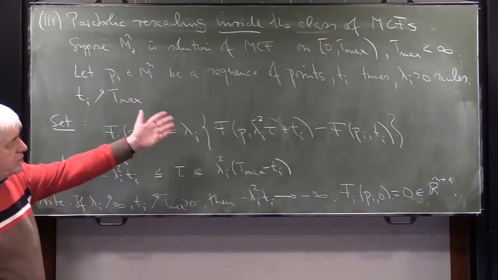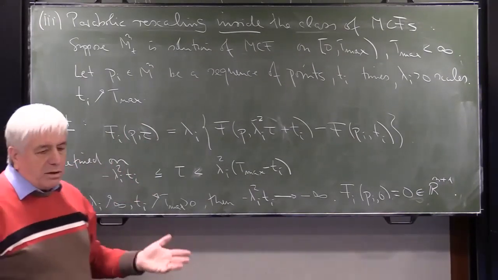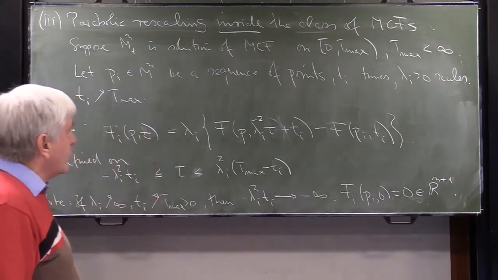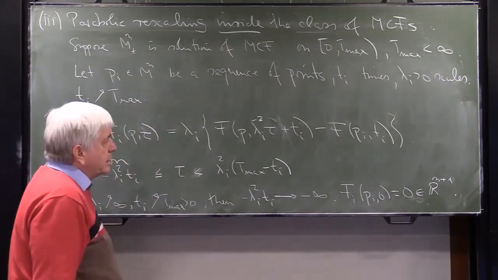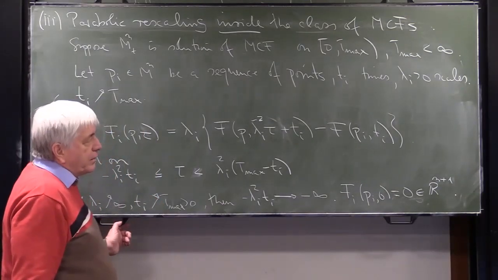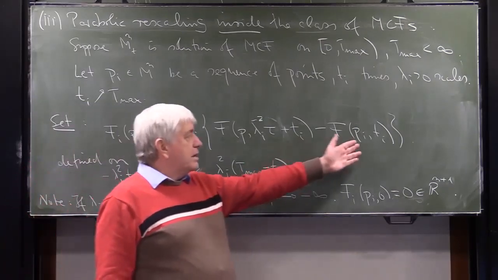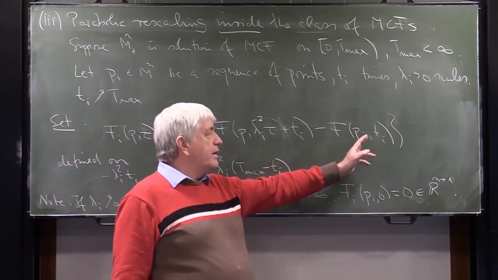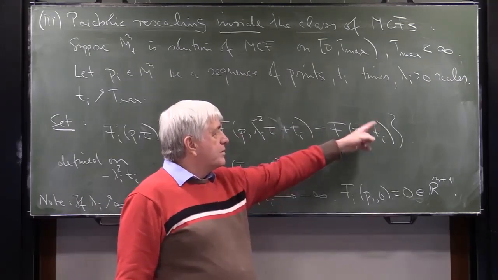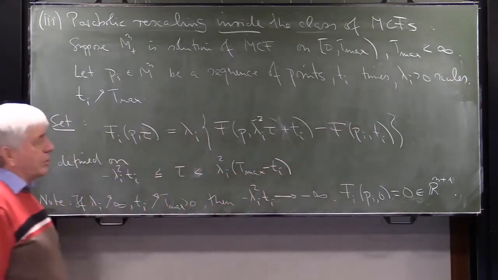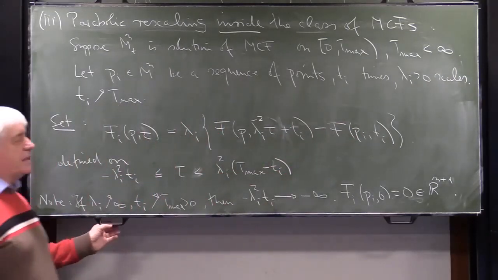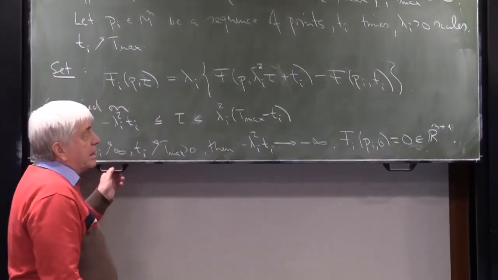And now we have to see what we do in our particular situation. In our particular situation, we just take any sequence of points. In fact, we can fix p_i because we know this converges to y_infinity. We could have just subtracted y_infinity.